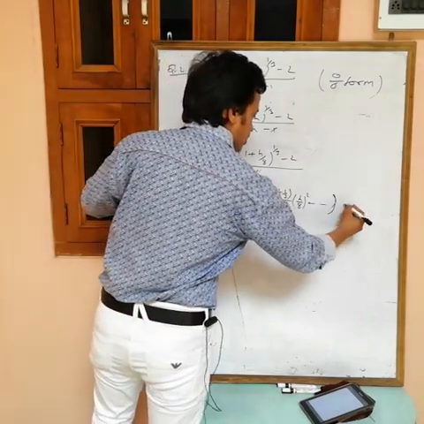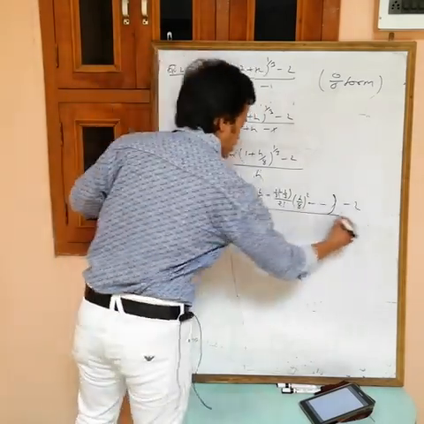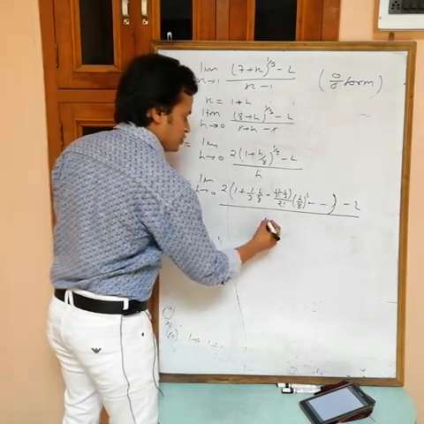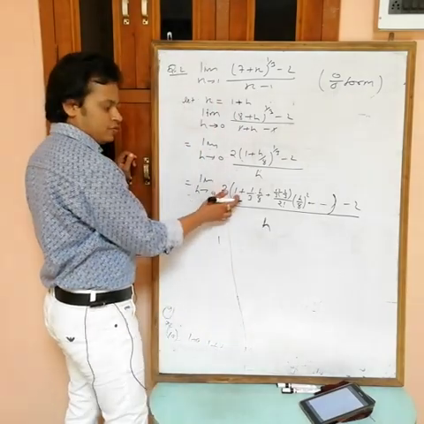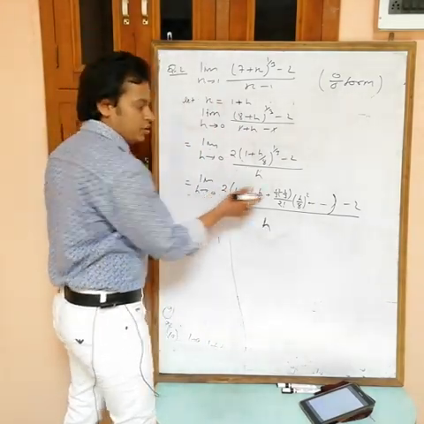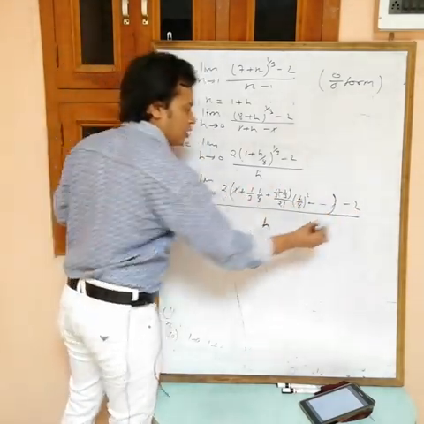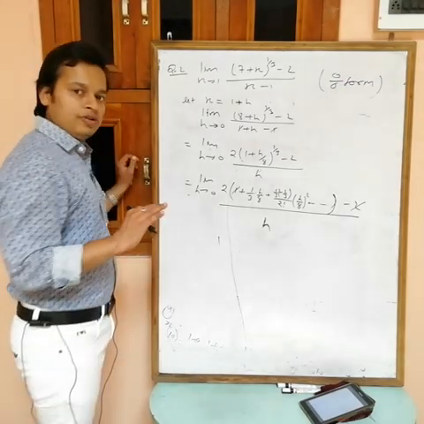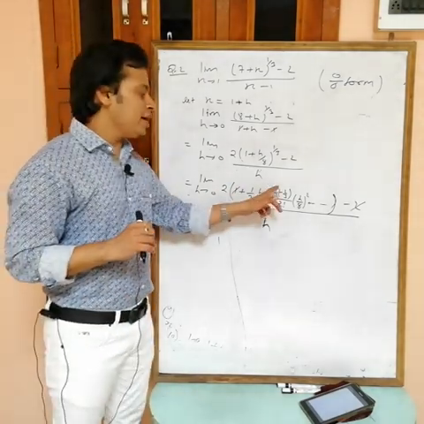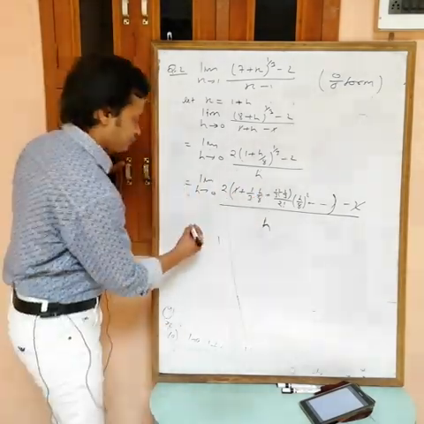Like this, and minus 2 by h. Now see, plus 2, if you multiply 2 with this one, and this minus 2 will cancel out. So 2 and minus 2 cancel out. Now in the remaining I can take h common.